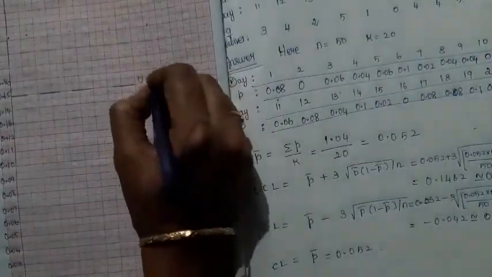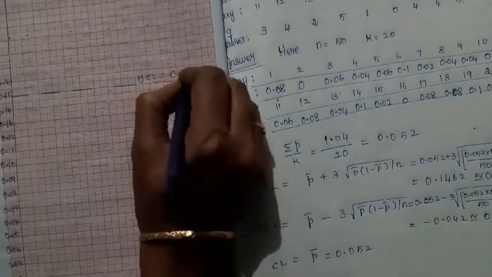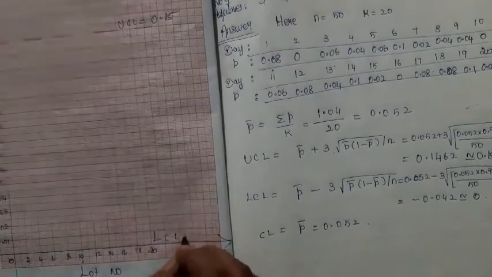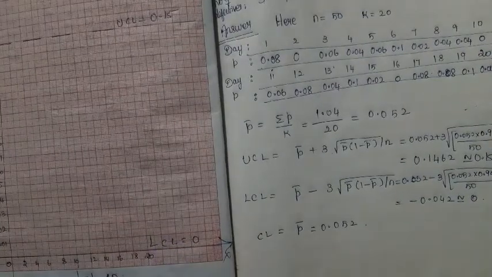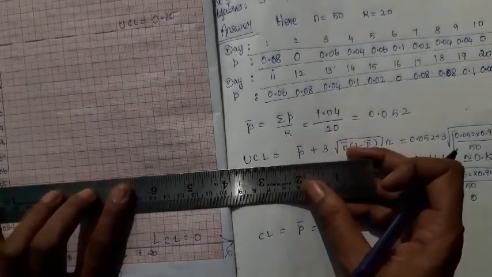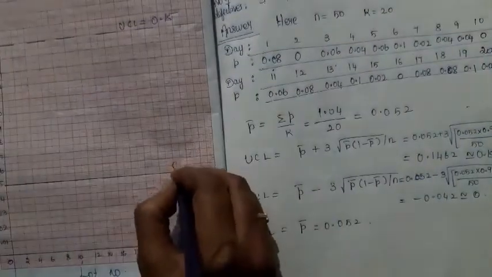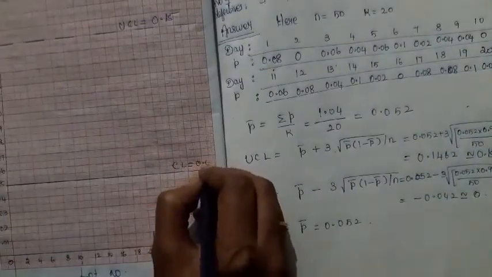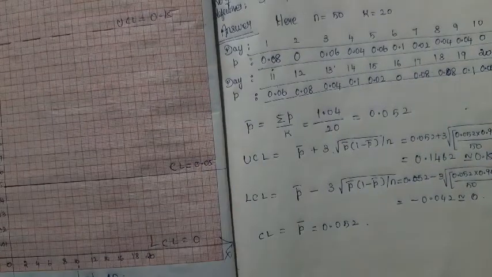Let me write UCL is 0.15 and your LCL is nothing but 0. What about the control line? It is 0.05. Let me draw a line here. This can be the thick line. The other two lines should be dotted lines.